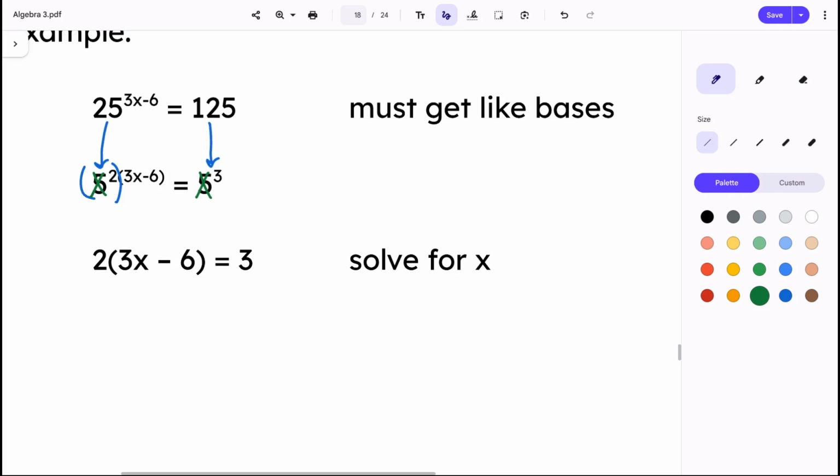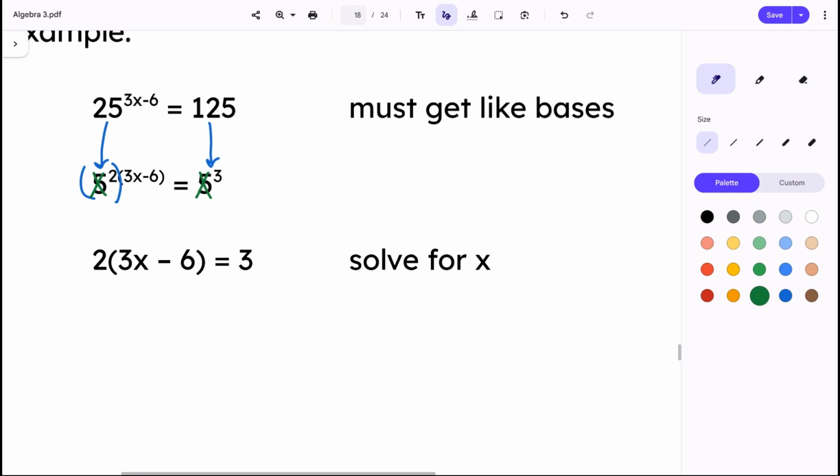Over on the left side, you have a 2 from when we rewrote the 25, and then the original exponent was 3x minus 6. So they put the 2 out front and the 3x minus 6 in parentheses. We don't want to just stick the 2 onto that and change the first term to 23x. That's not going to mean the same thing.